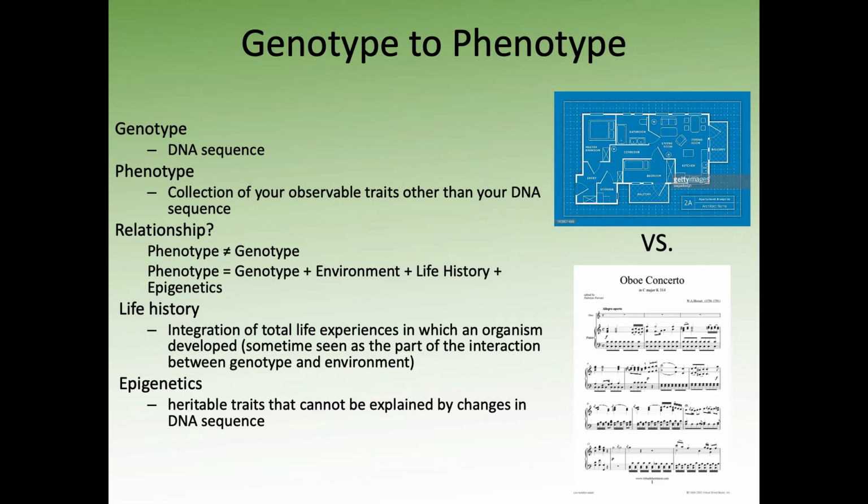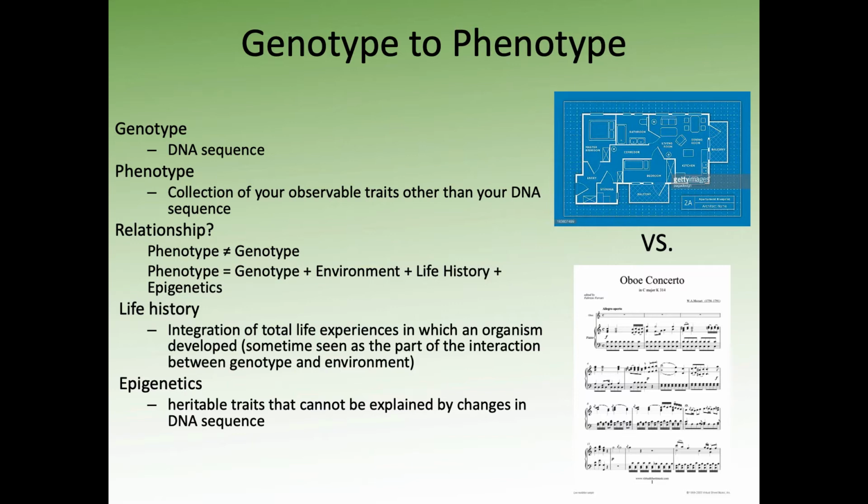And so if we think about how we are contrasting these two kinds of understanding, genotype explaining phenotype, and then genotype plus environment plus life history plus epigenetics, you could think of the first case as having very specific plans, right? Genotype is going to code for something.